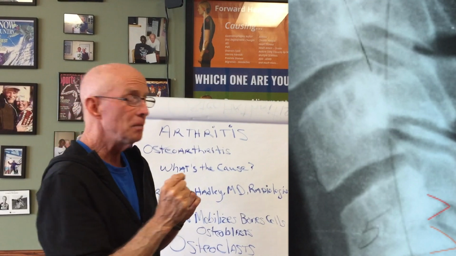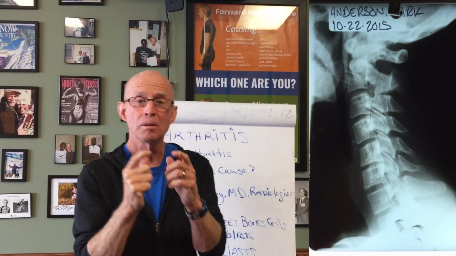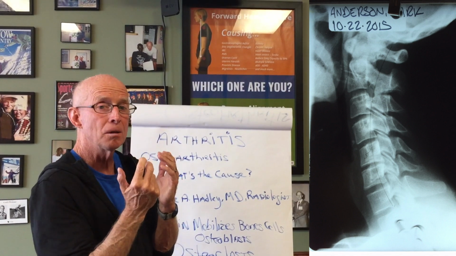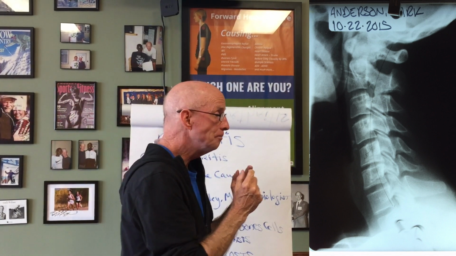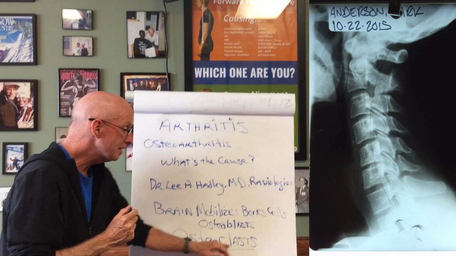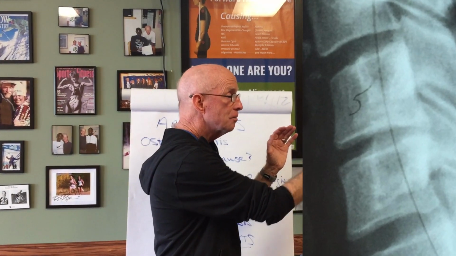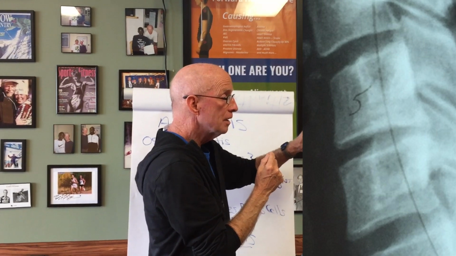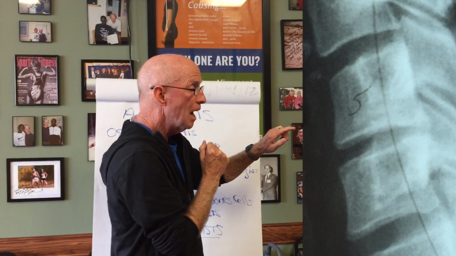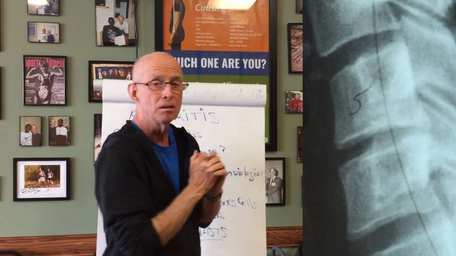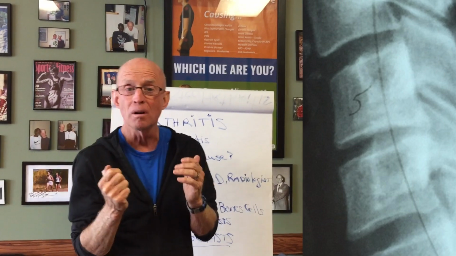And then here he is several months later, after going through rehabilitative care, we moved his spine 20 millimeters, and now osteoclasts get mobilized, and now look how cleaned up the spine is. No more spur at C5 right in the middle. Tiny little spur at C5 at the bottom, and virtually no spur at C4.